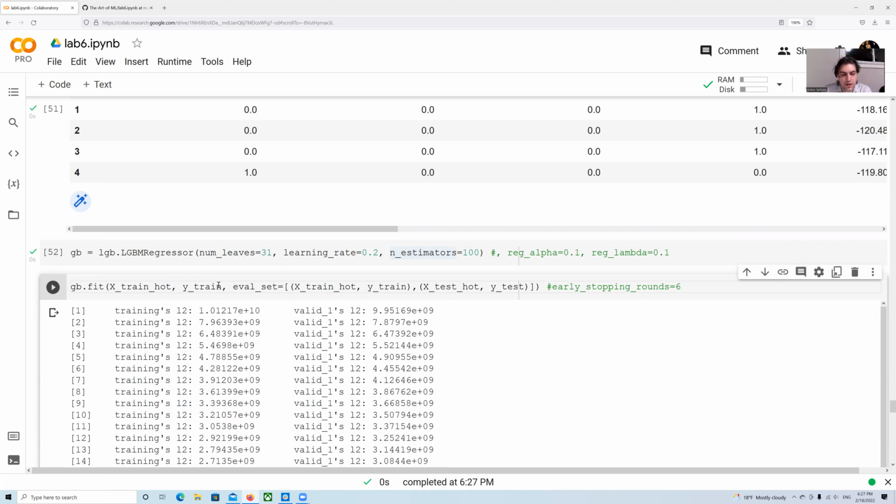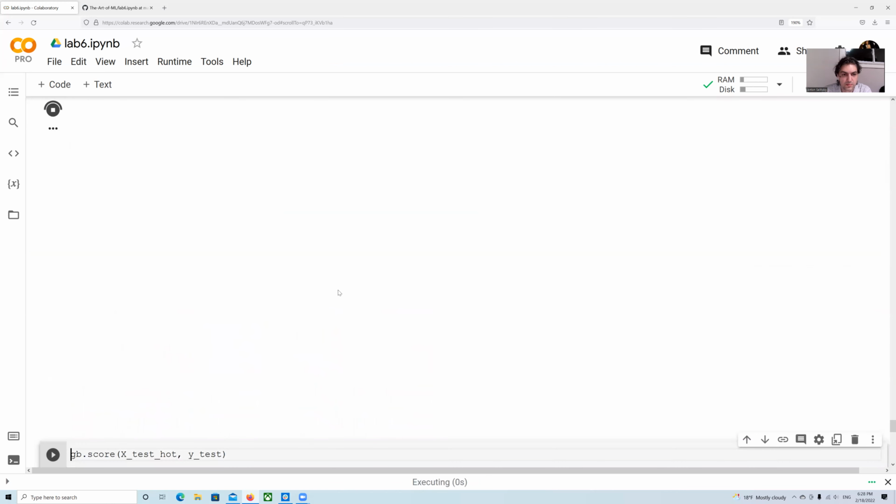If we want to plot the training curve, then we can indicate this parameter, evaluation set. So I will evaluate on the train and test sets.